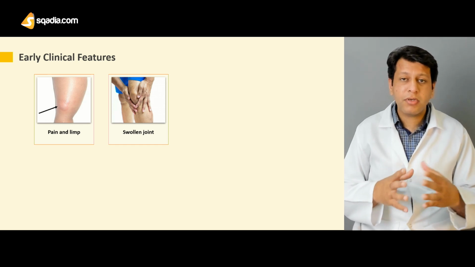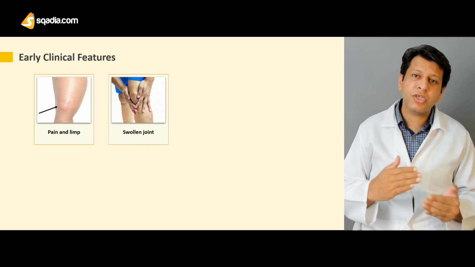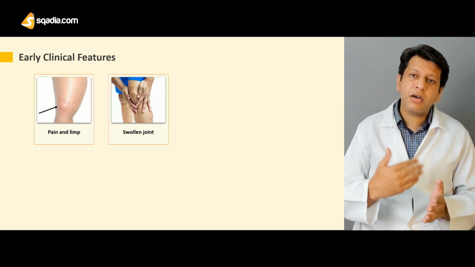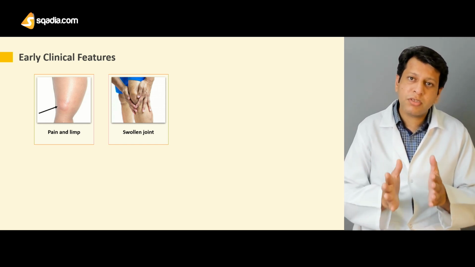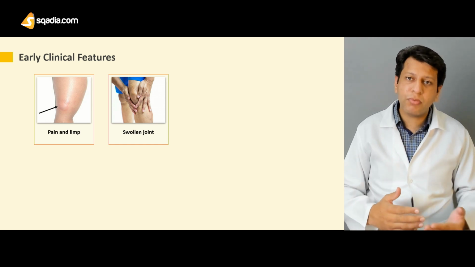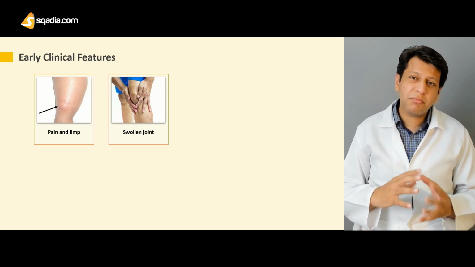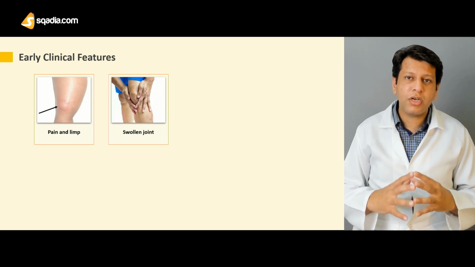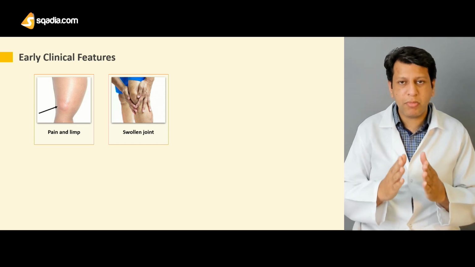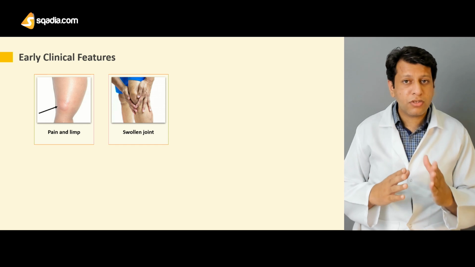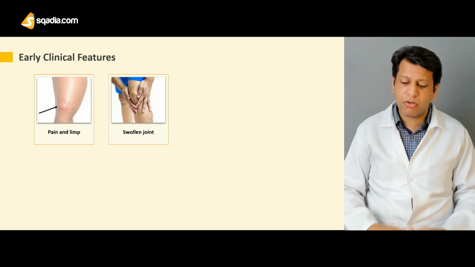But the patient continued to have a limp, pain, and swelling off and on, and after 6 to 8 months, once the biopsy was done, it came out to be tuberculosis. So sometimes the nature of the disease is so indolent that it's very difficult to exactly pinpoint whether this is tuberculosis or not.